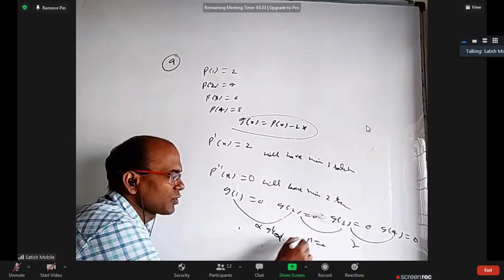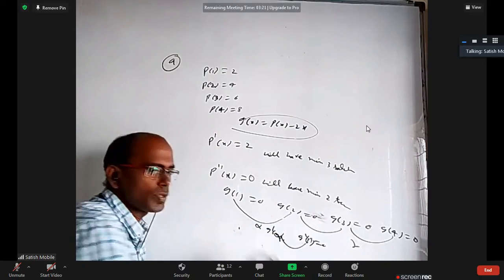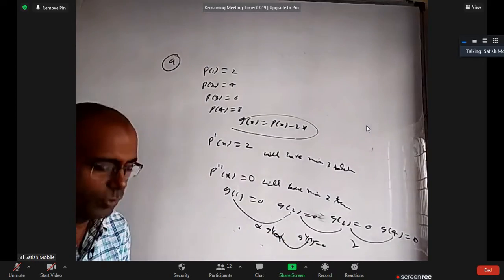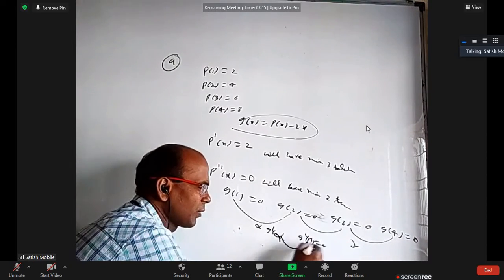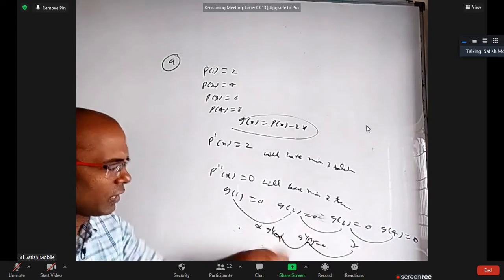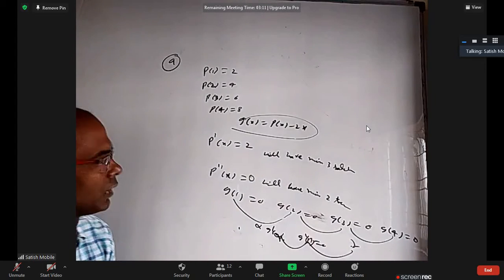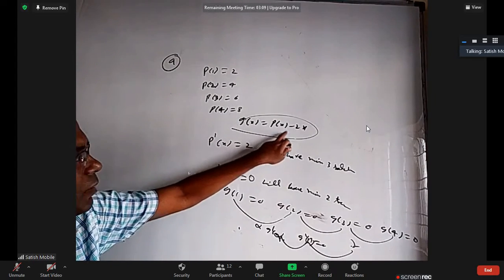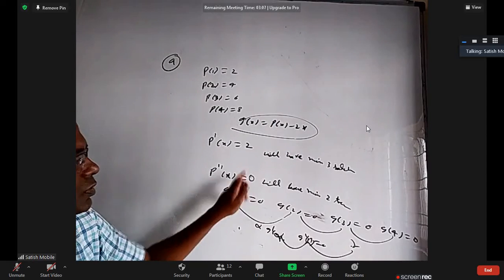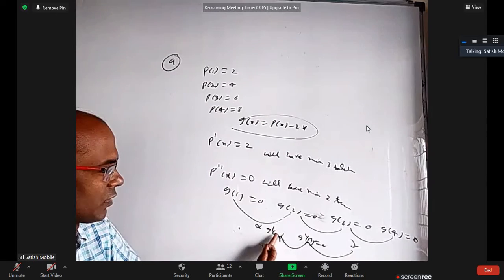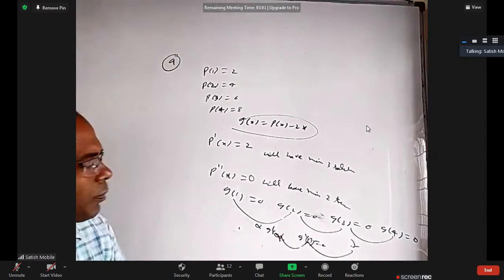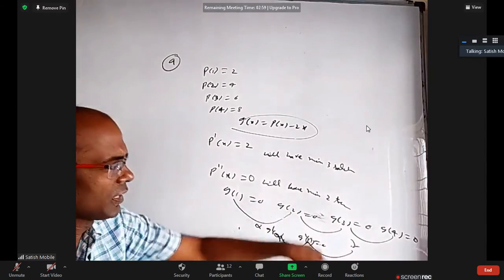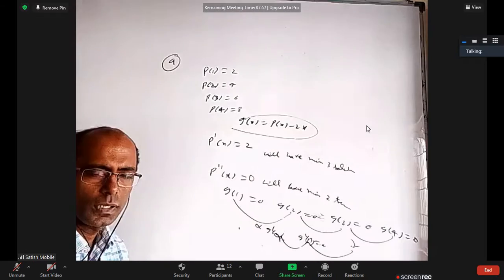Because g dash alpha is 0, g dash beta is 0, between these two somewhere the derivative of that, which is the second derivative, equal to 0, should have a solution. Similarly, g dash beta is 0, g dash gamma is 0. Somewhere between them, the second derivative should be 0. So, what is the second derivative of this? P double dash x should be equal to 0. We'll have minimum 2 solutions. One is between alpha and beta, one is between beta and gamma. And what are alpha, beta, gamma? The numbers between 1 and 2, 2 and 3, 3 and 4, where the first derivative is 0. Is it clear?